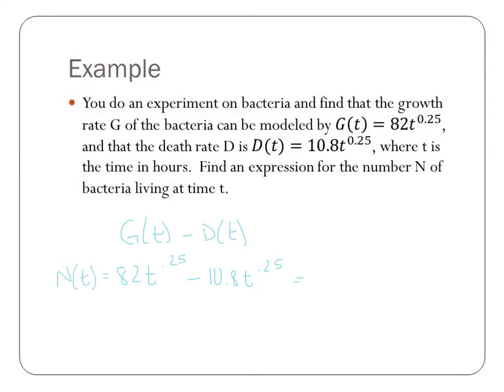And so because they're both t to the 0.25, we're going to do 82 minus 10.8 and get 71.2 t to the 0.25. And that would be how we would find our number of living bacteria.